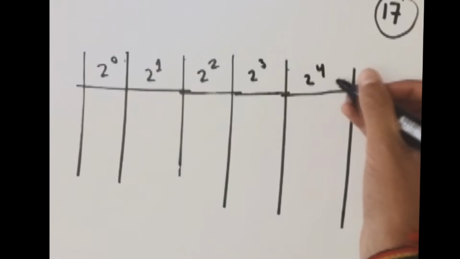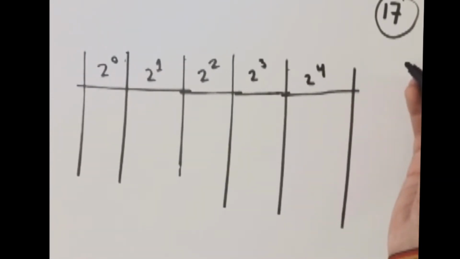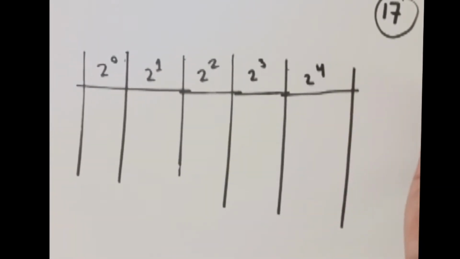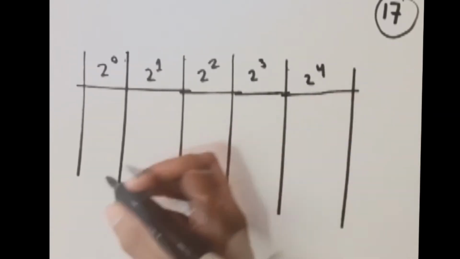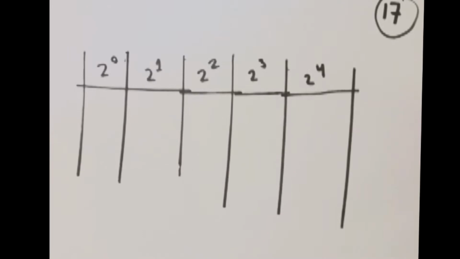We know that 2 to the power of 4 is 16, and any number greater than that would be greater than 17, so we're not going to need it. So we're going to use 5 different spaces on this table. That means our final number is going to have 5 digits.